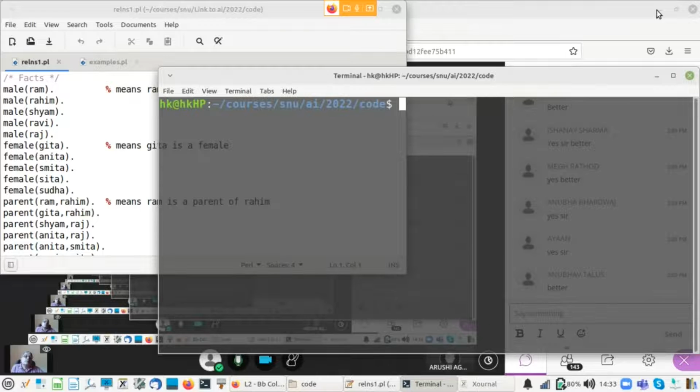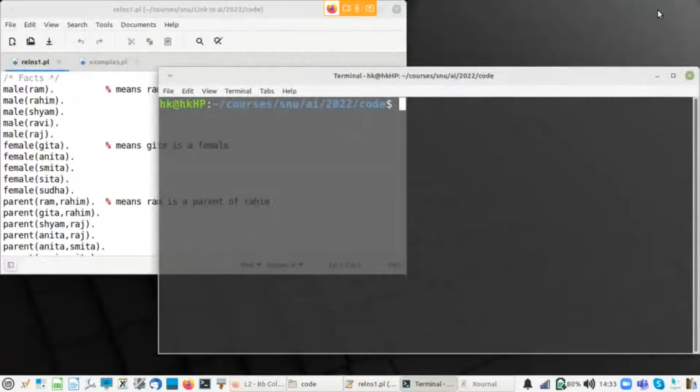Notice that in the terminal, I am going to start the Prolog interpreter by typing swipl. I am using a Linux machine. I've downloaded and installed SWI Prolog on my machine.